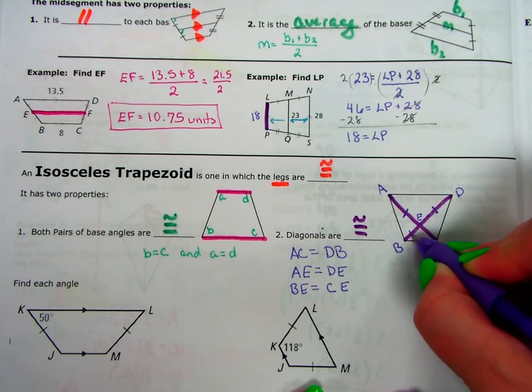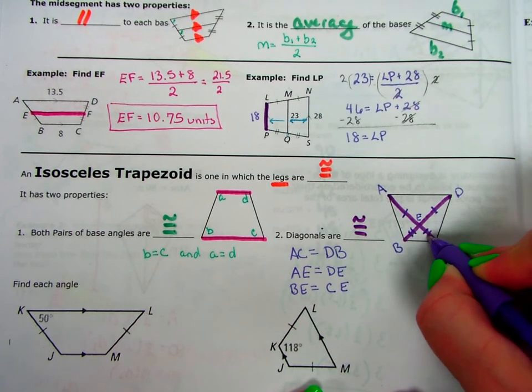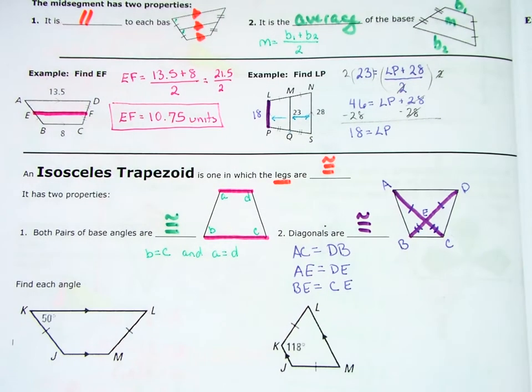If this piece here is the same as this piece here, this piece is the same as this piece, and then the whole diagonals are equal to each other.